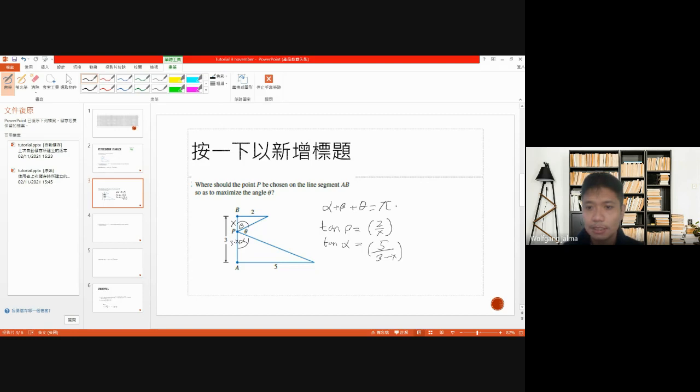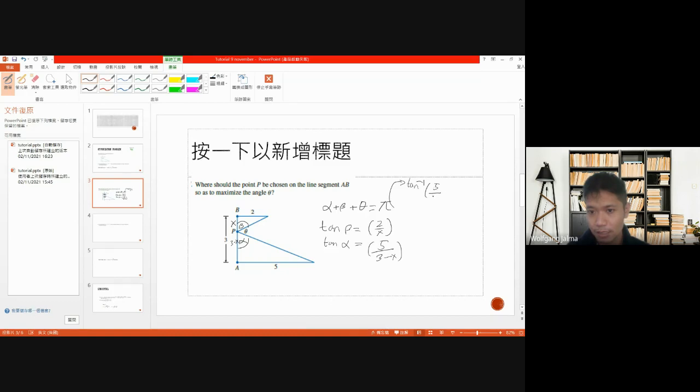So this problem becomes what? Tangent inverse, or arctangent, which symbol did Professor Iman use in the class? Arc, with minus one, right? Okay, I just want to use the same symbol.